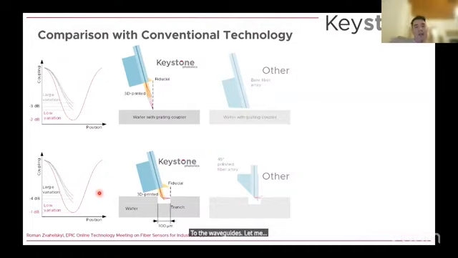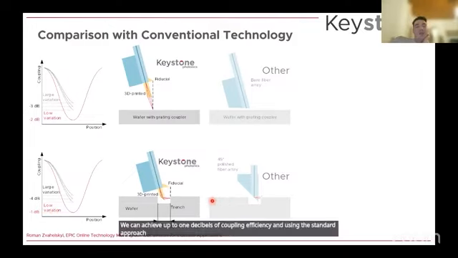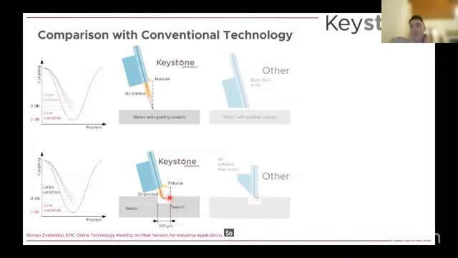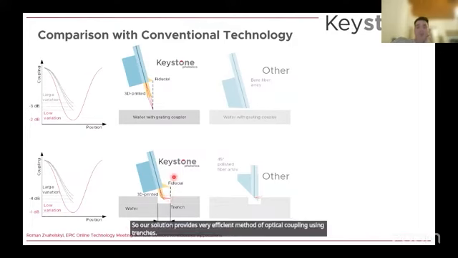Using our approach, we can achieve up to 1 decibel of coupling loss, and using the standard approach, you will achieve something like 4 dB, with very large variation. If you want to improve coupling efficiency using the standard approach, you basically crash the fiber array into the trench. So our solution provides a very efficient method of optical coupling using trenches and edge coupling.